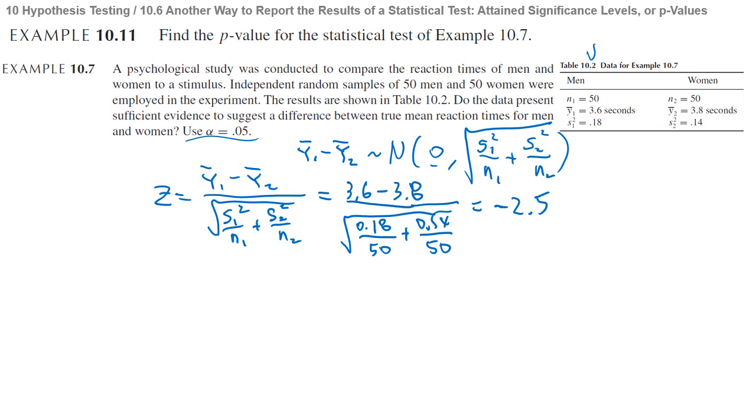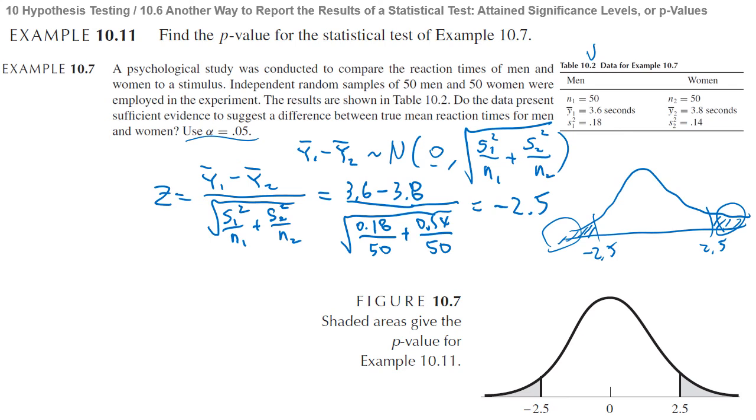So this z follows a normal distribution, and to reject this test, the p-value would be this region.